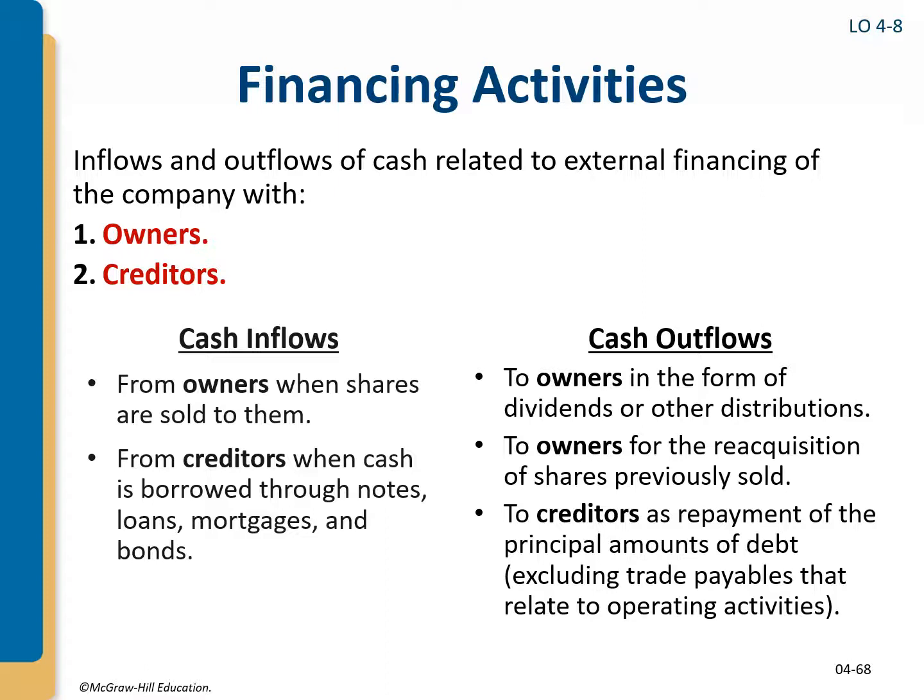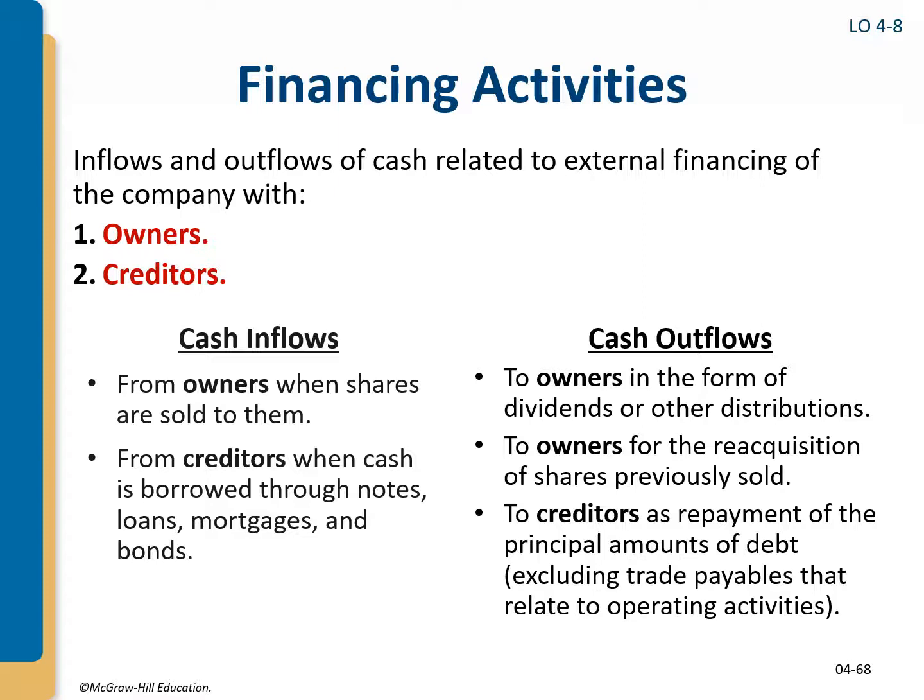Financing activities relate to the inflows and outflows from external financing. So we're looking at more long-term liabilities and equity. That's how we finance our company. So what kind of cash inflows would we have from financing activities? When we sell more stock for cash, when we borrow cash from our creditors, or we sell bonds.